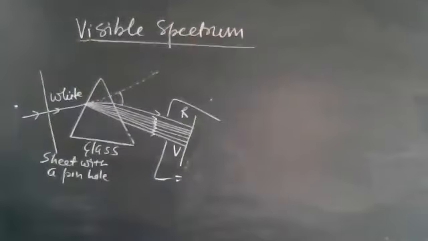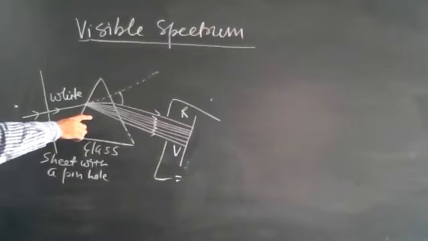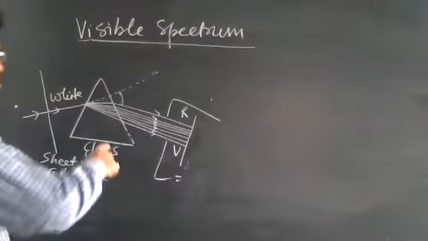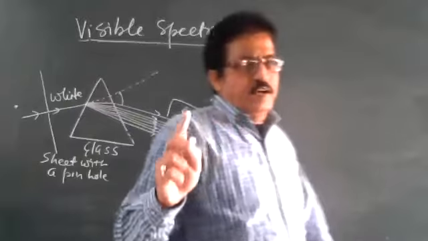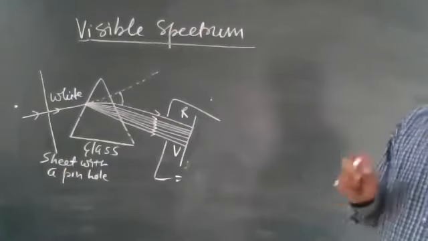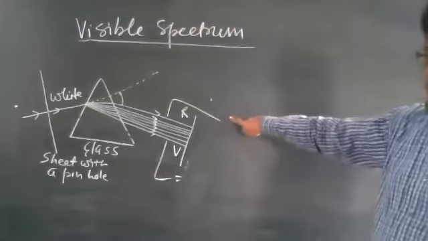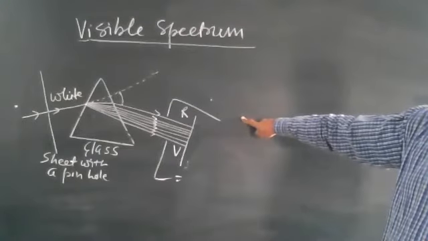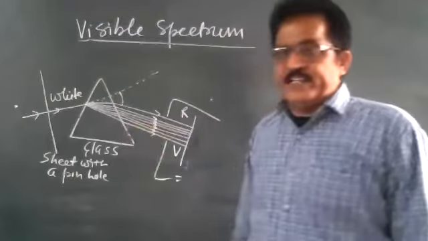See that when a beam of white light passes through a prism, it splits up into a band of 7 colors. लिखो, the band of 7 colors obtained here on a screen on passing white light through a prism. लिख लीजिए, see the figure.